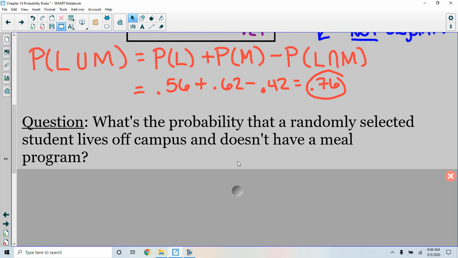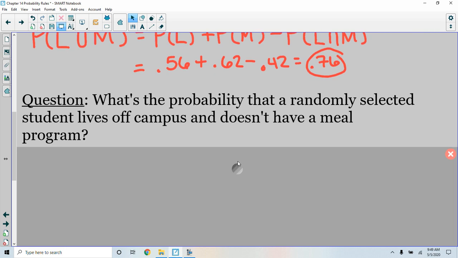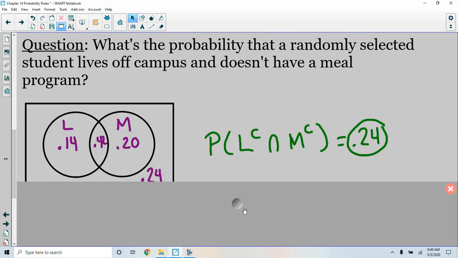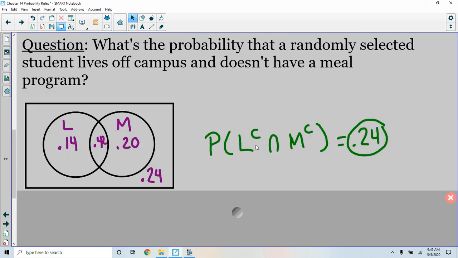So now we want to find the probability a randomly selected student lives off campus and doesn't have a meal plan. So we can use our Venn diagram again. We're going to do the complement of living on campus and the complement of having a meal plan. And those are those people in the box, not in the circle. That's our 24%.